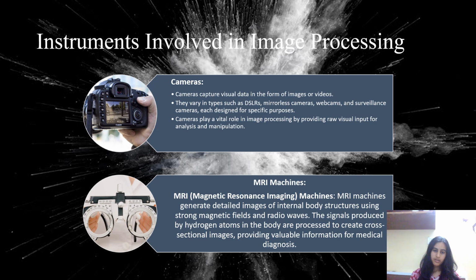Coming to the instruments involved, the first and most important one is the camera, which everyone is familiar with. They capture visual data in the form of images and videos. Next is MRI machines. MRI stands for magnetic resonance imaging. It contains RF coils, radio frequency coils.